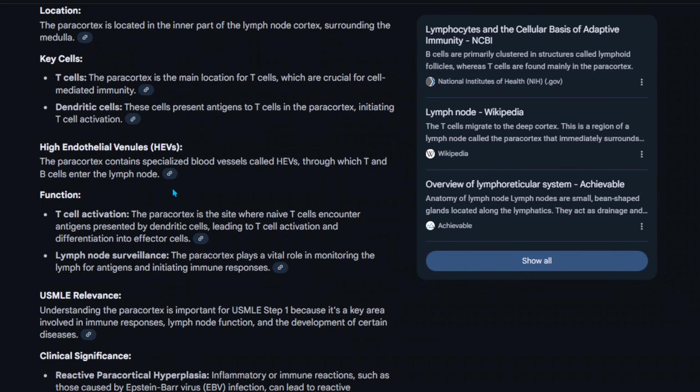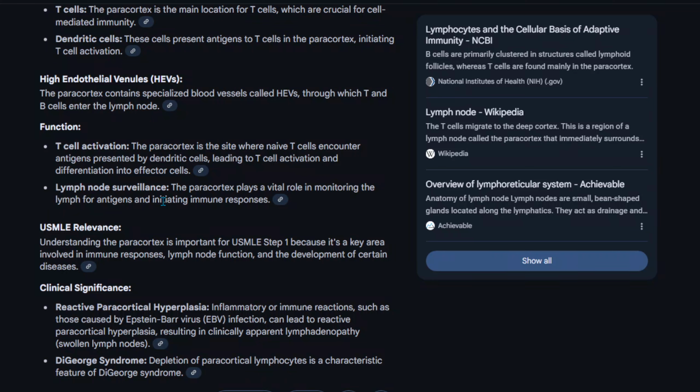There's another source that says this is where they enter into the bloodstream. The function is T cell activation.